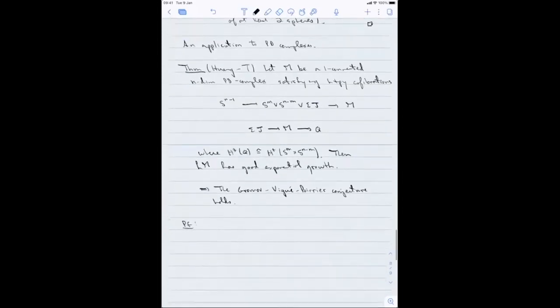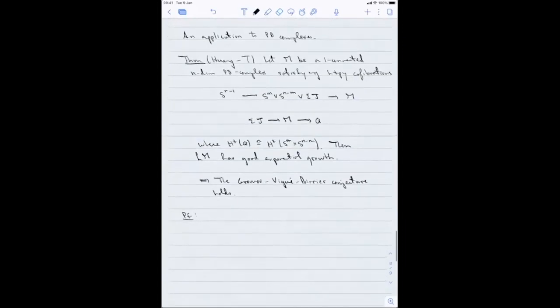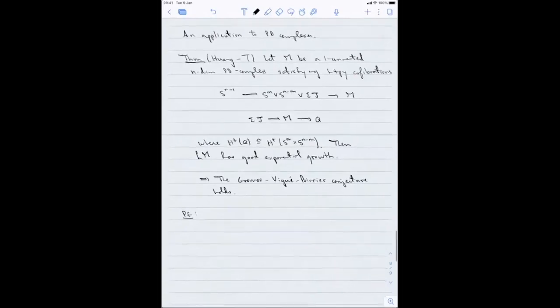And what's the argument? Again, it's going to be this sort of straightforward falling out from the decomposition method. So let's consider this homotopy cofibration.